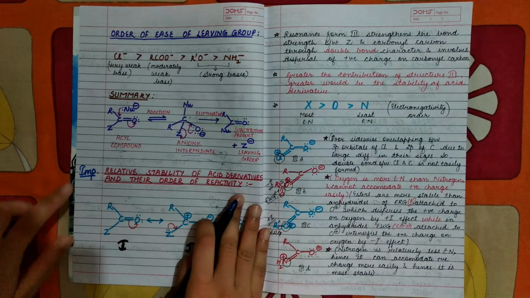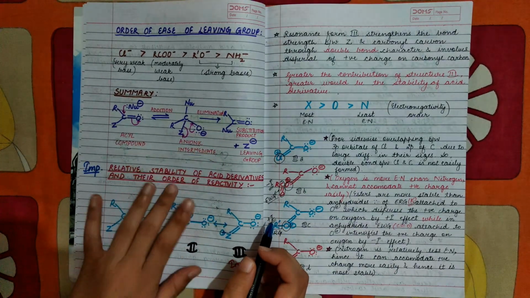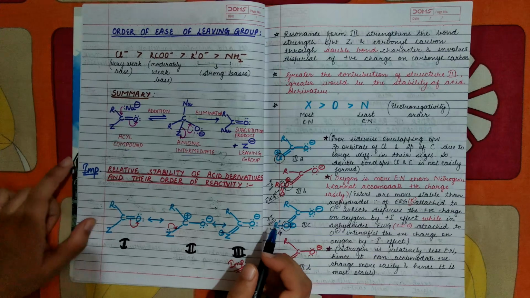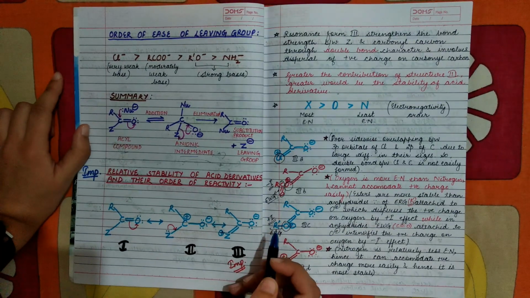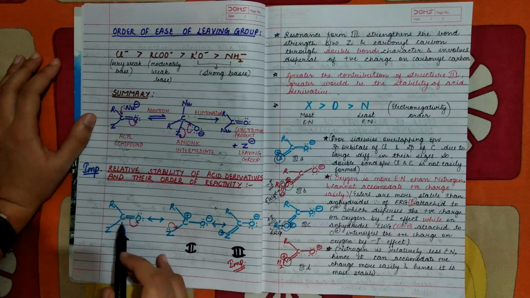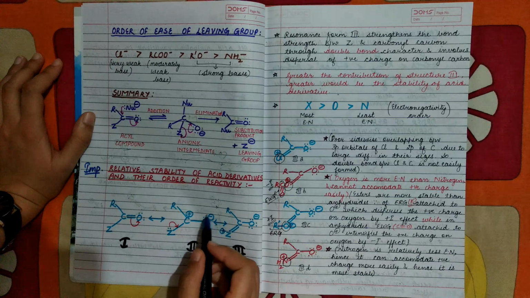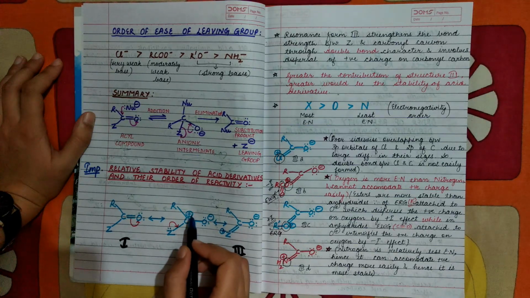Then we have the relative stability of acid derivatives and the order of reactivity. This is an important topic and is usually asked in exams, so I prefer you to write it along with me. In the first step, this double bond shifts to oxygen. Oxygen gets a negative charge and carbon a positive charge.